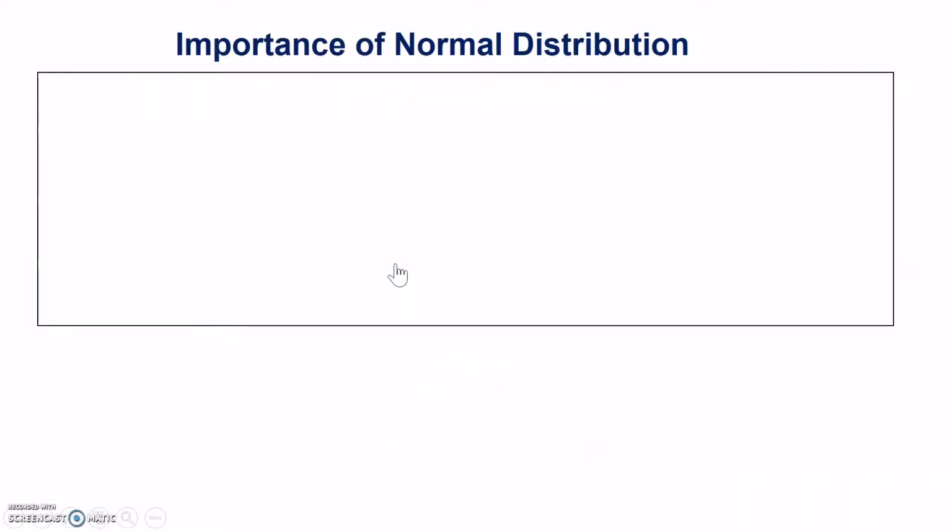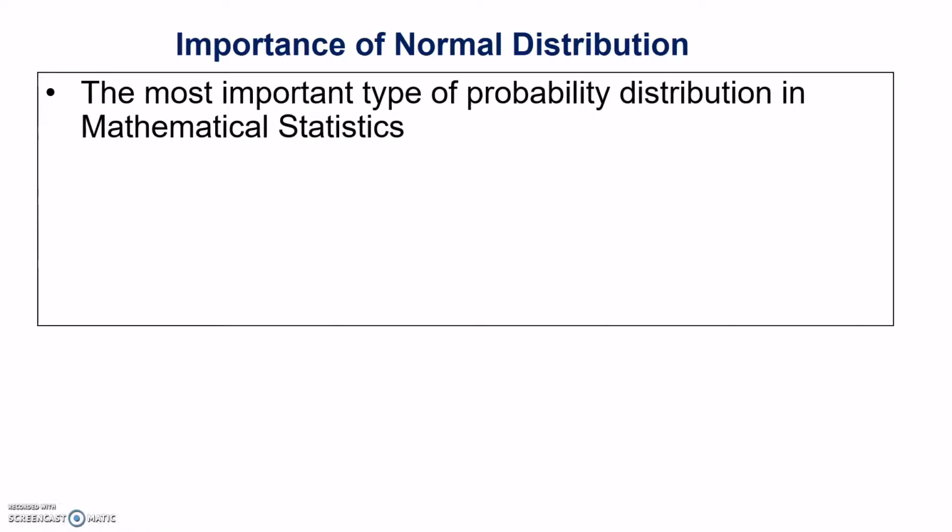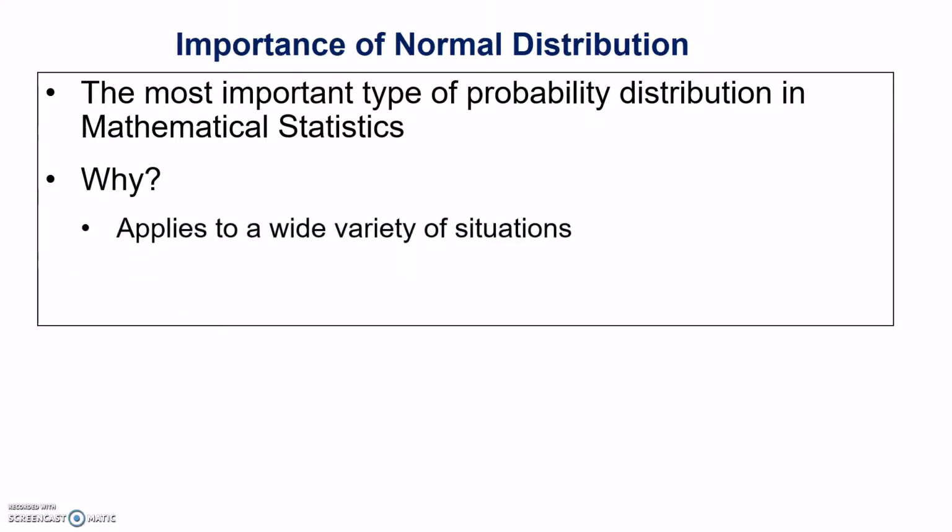So let's understand the importance of the normal distribution. Number one, it is the most important type of probability distribution in mathematical statistics. Why is it important? The question comes to mind. There may be more reasons than the ones I am mentioning, but what comes to my mind instantly is this. Normal distributions are applied in a wide variety of situations.